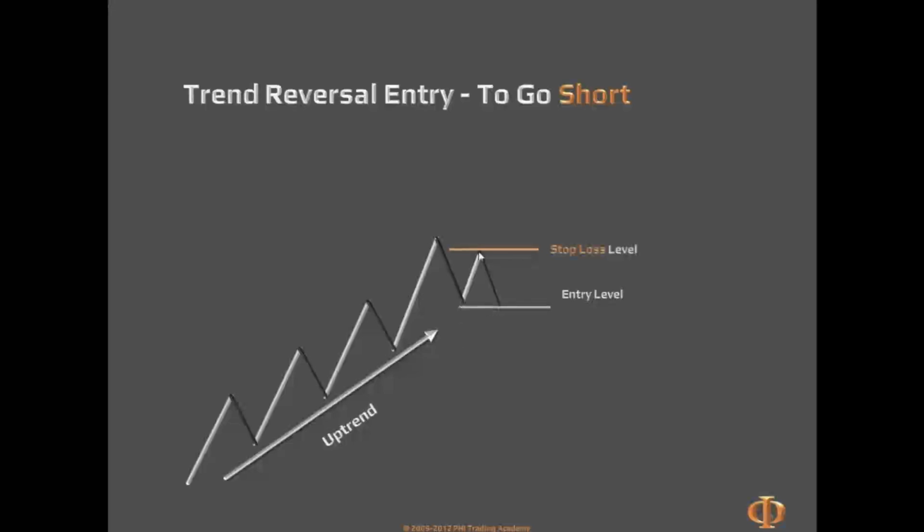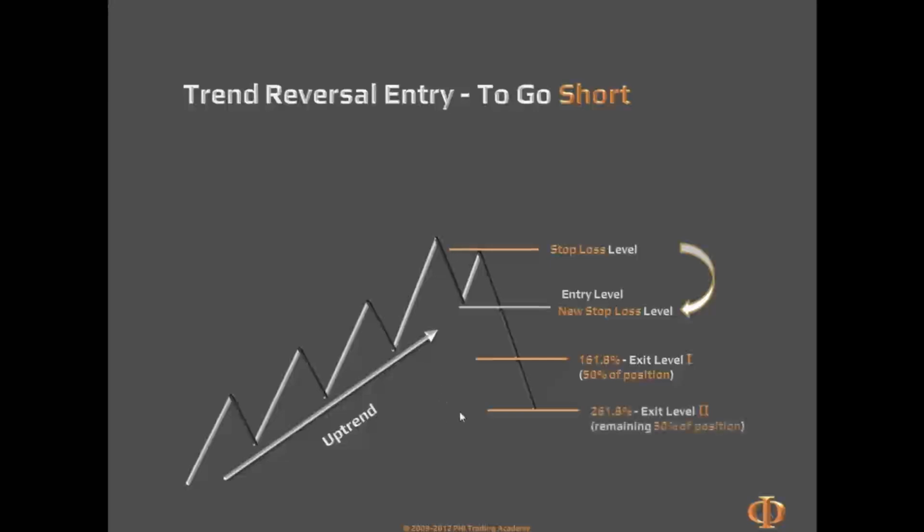Fibonacci from last bottom to the last top, finding the 161 where we close 50% of our position. We can move the stop loss lower, either to the entry level or the break-even level, and then we pray for the market to reach the 261 instead of hitting our stop loss, where we can close the remaining 50% of our position.